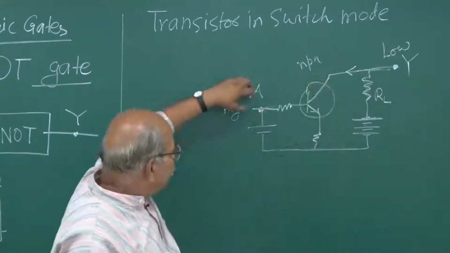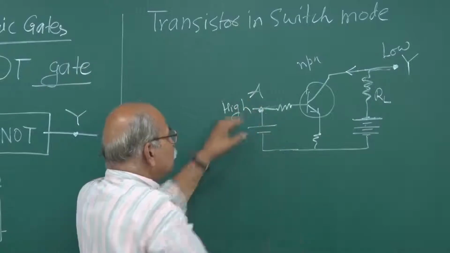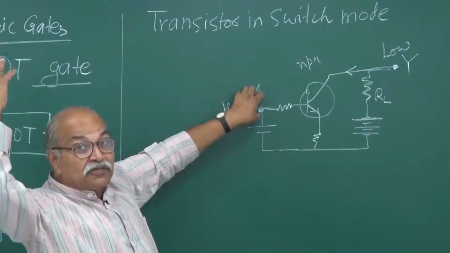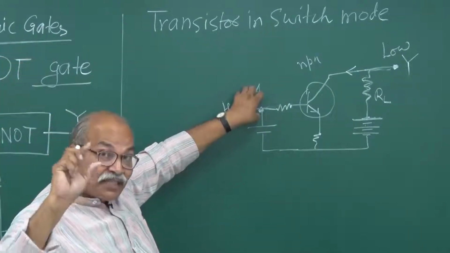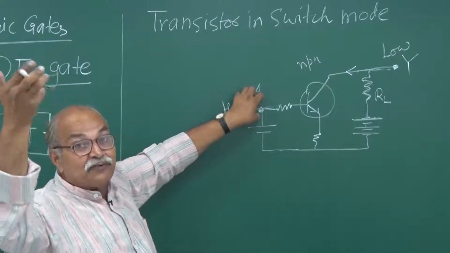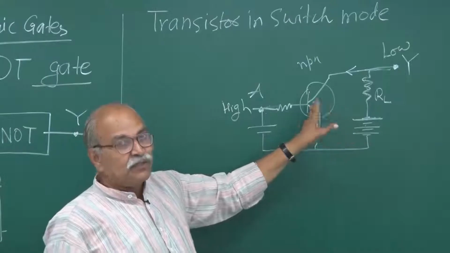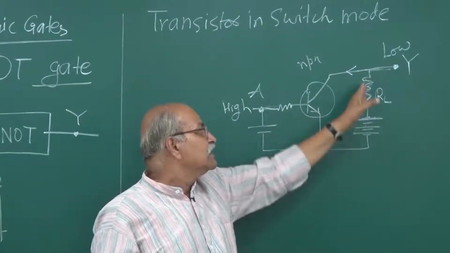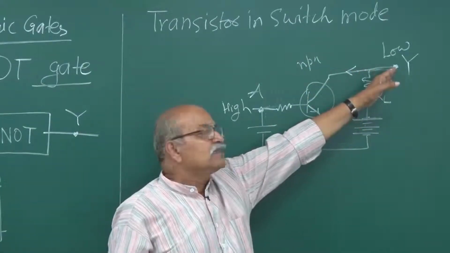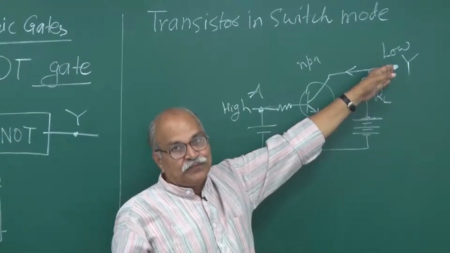You apply a high voltage. High voltage doesn't mean 1000 volts; in our case it is just 3 volts, 4 volts, 5 volts, which drives this into saturation mode, so that there is a current from here, there is a potential drop, and this becomes quite low.